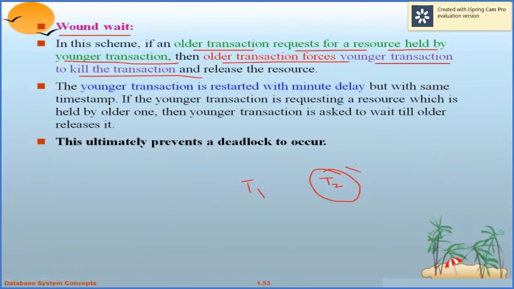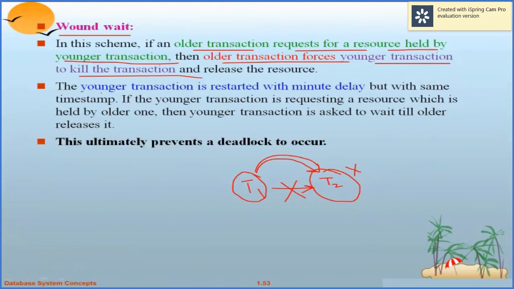So it drops itself because it's a young transaction. In the wound-wait condition, if T1 is waiting for the resource held by T2, it directly forces T2 to kill itself so that it can proceed.